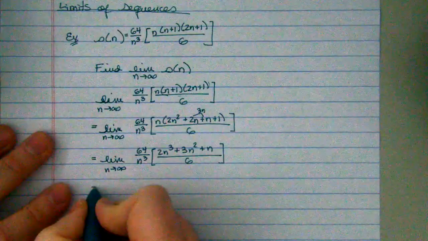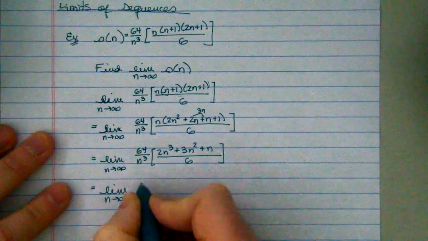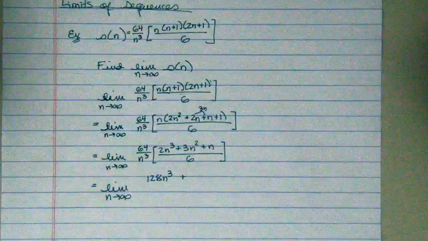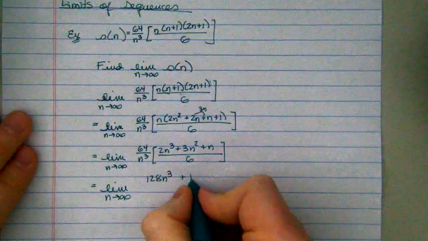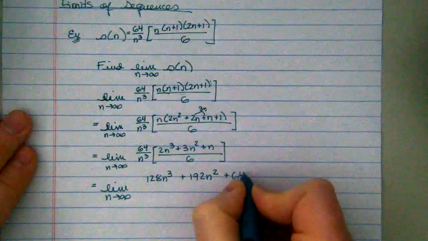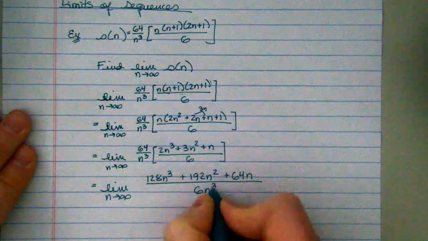Now, why don't I distribute that 64 and the n cubed, and I'm going to get the limit as n approaches infinity of 128n cubed plus, I want to say 196, no, 192, sorry, 192n squared plus 64n, all over 6n cubed.